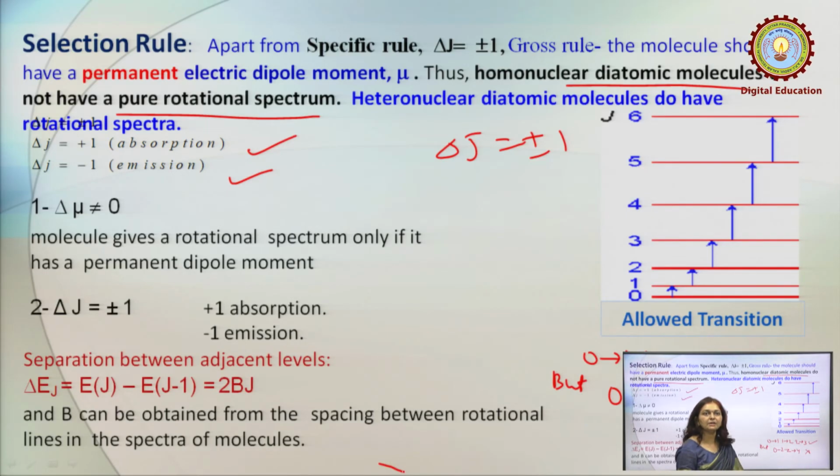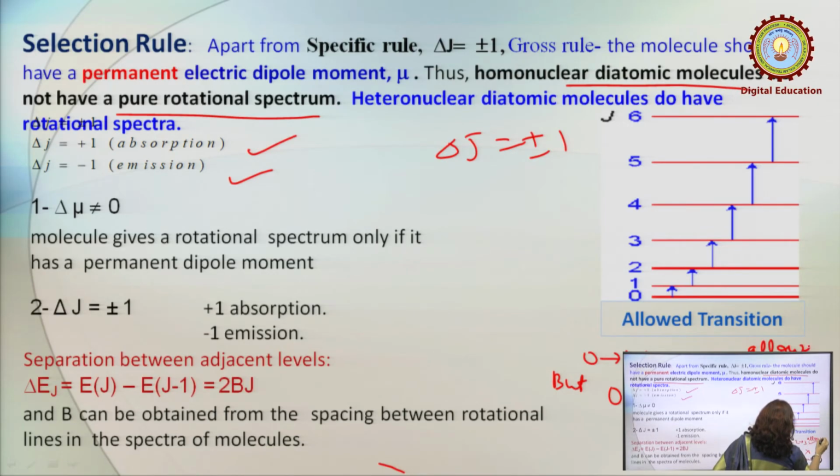It must be unity changes only. These are not allowed. These are allowed. The separation between adjacent levels, as we already discussed, is 2B, and B can be obtained from the spacing between rotational lines in the spectra of the molecule.